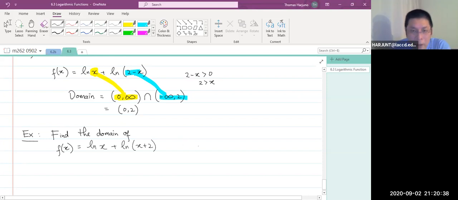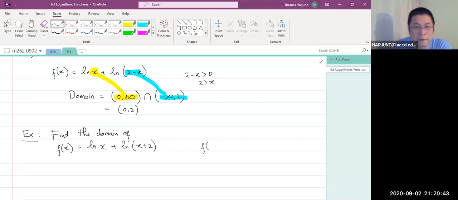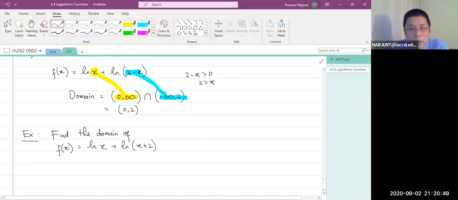Now compare that with, maybe I call it g(x) instead, g(x) equals natural log of x squared plus 2x. This is part A. This is part B.